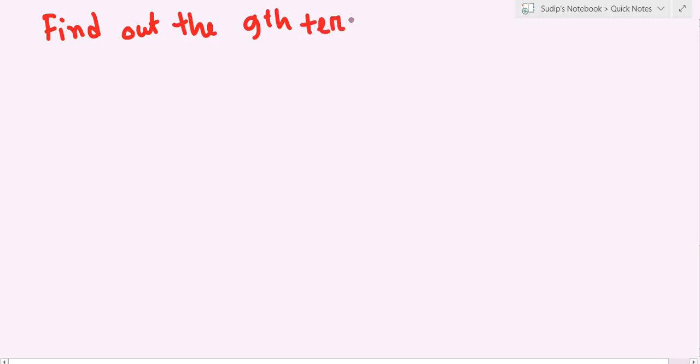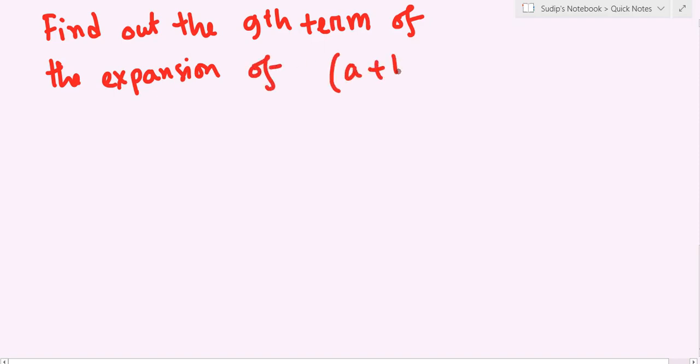Now say you are told like this. Suppose there is a question like this: find out the ninth term of the expansion of a plus b whole to the power 11.